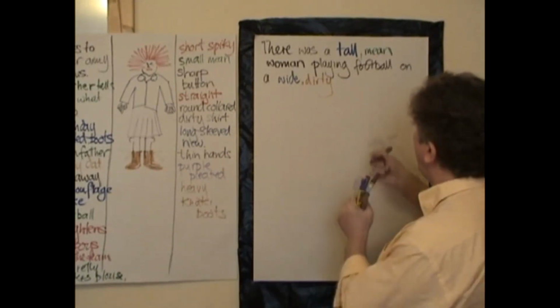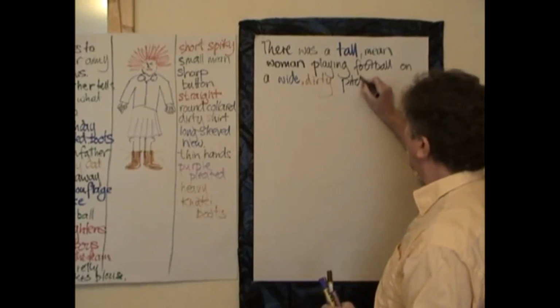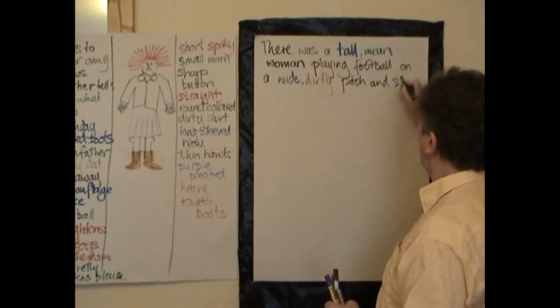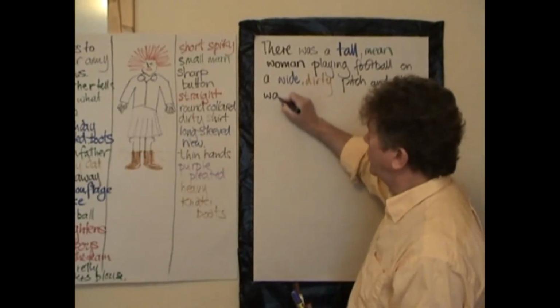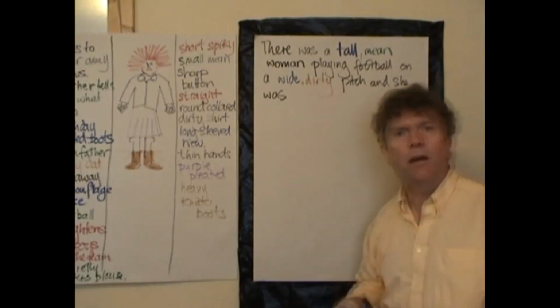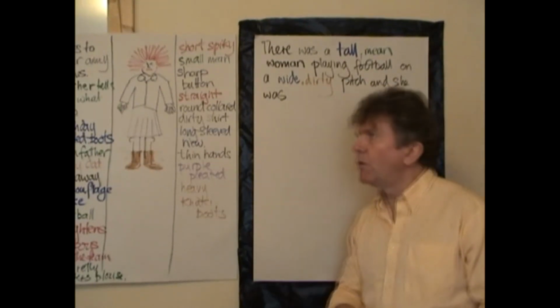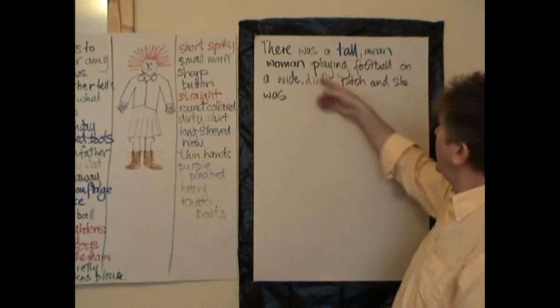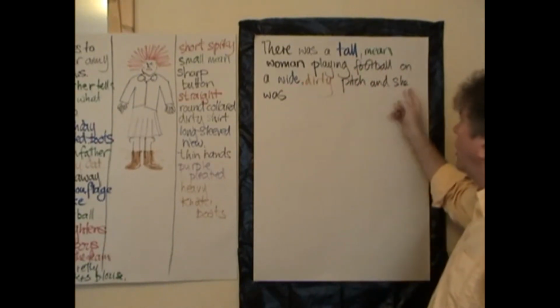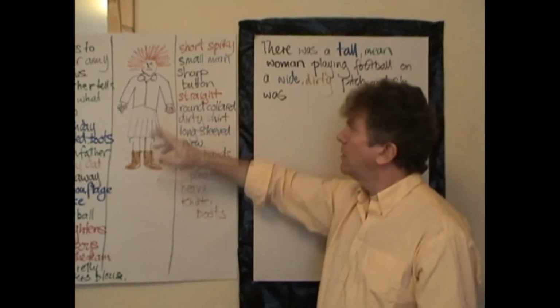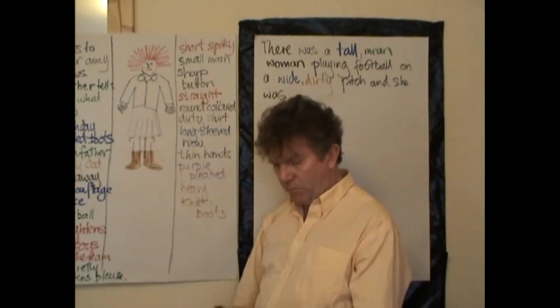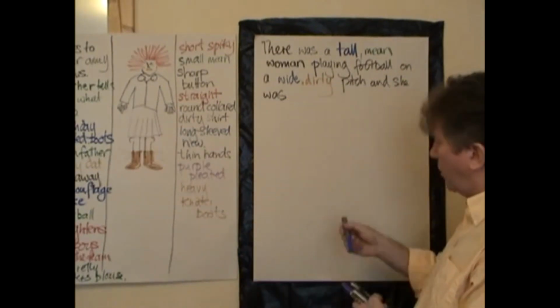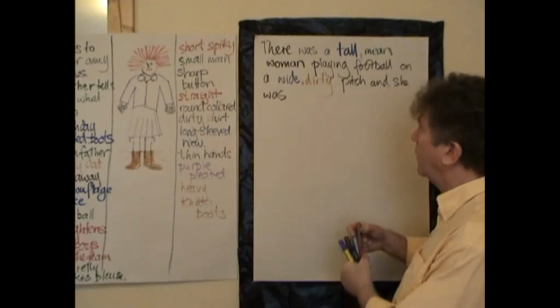There you go. And she was, what was she doing? Was she happy? How did she feel? More about a description. There was a tall, mean woman playing football on a wide, dirty pitch, and she was, well, what could she be doing to frighten people? Was screaming. She was screaming.